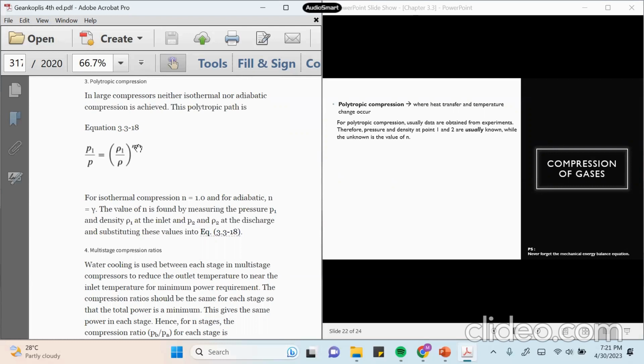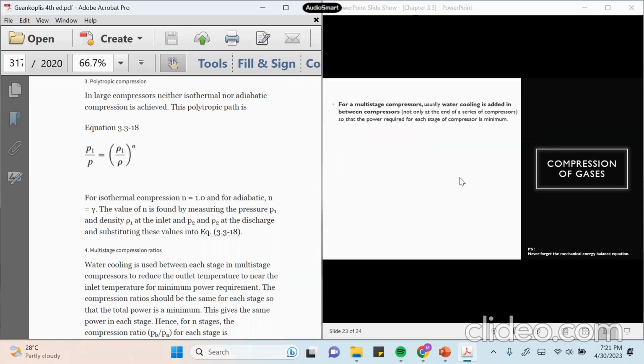In adiabatic the gamma is known, while n here is unknown. The P and the density are the ones known for polytropic compression, and vice versa for adiabatic compression. Now, you can use this equation to find the value of n.